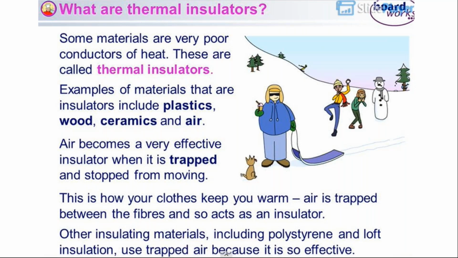Even the clothes that we wear in winter days trap the air, and they don't allow heat energy to be lost by our body through convection. So we need to trap the air, to stop the air, in order to prevent loss of heat energy by convection.